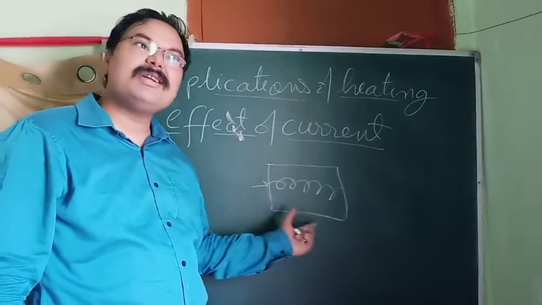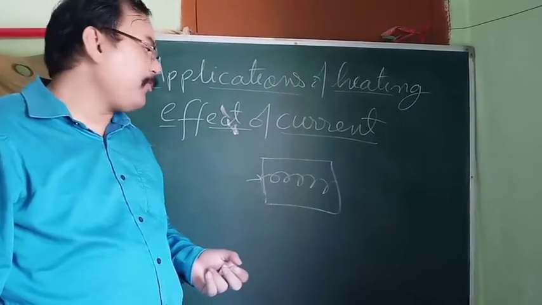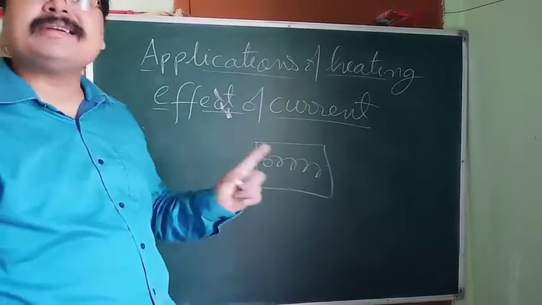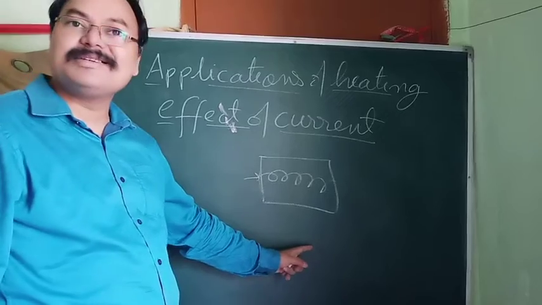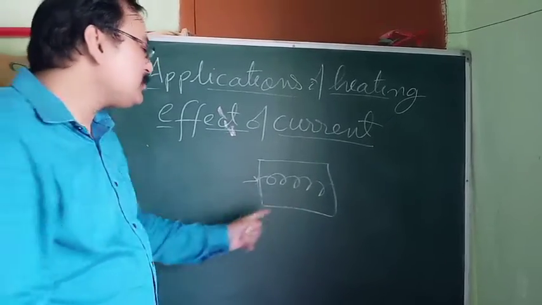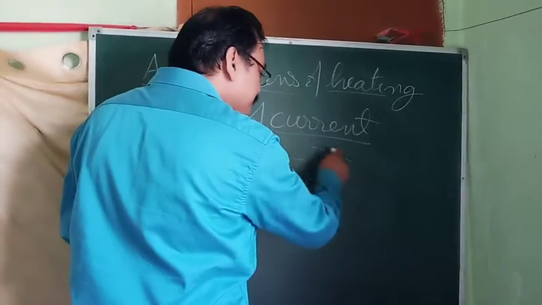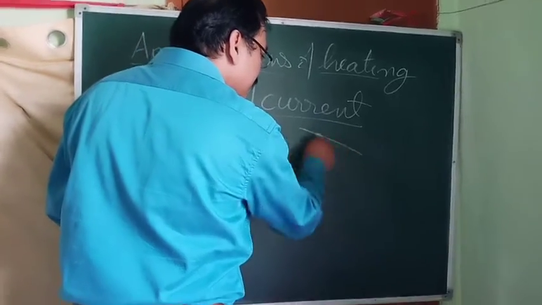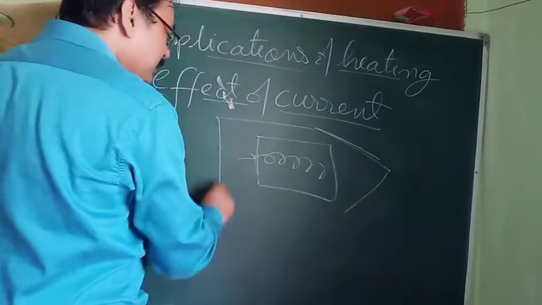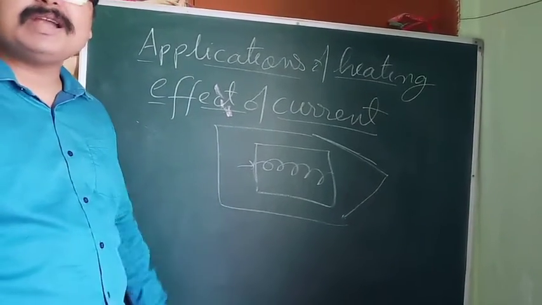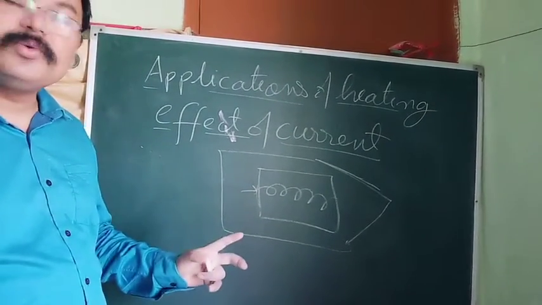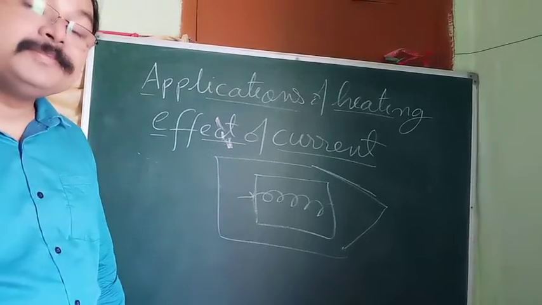Mica has the property that it is a good conductor of heat and a bad conductor of electricity. So it will not pass electricity through this, it will pass only heat. This is enclosed in a body and is in contact with the metallic surface. That's why when you touch this metallic surface, you don't get a shock, you only feel the warmth.